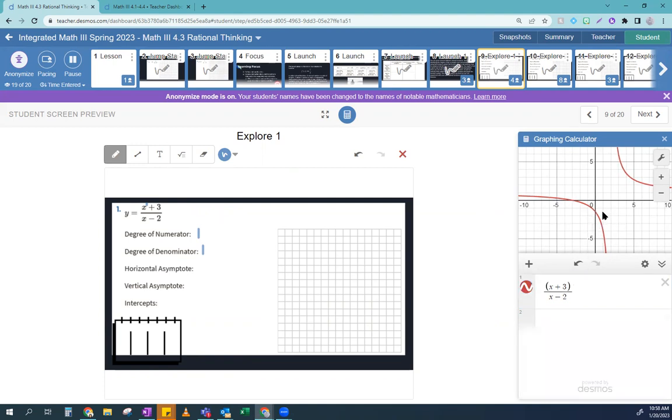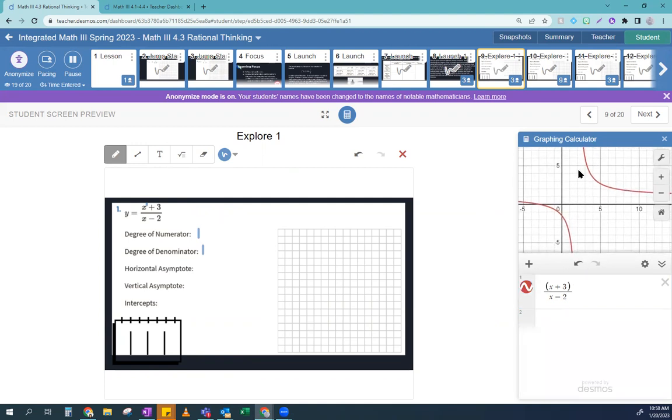So if you actually look at this, you can kind of see where my vertical asymptote is, it looks like it's right here at 2, and my horizontal asymptote is here at 1. So this is something that we already talked about. So here, the horizontal asymptote is y equals 1, and the vertical asymptote is x equals 2.